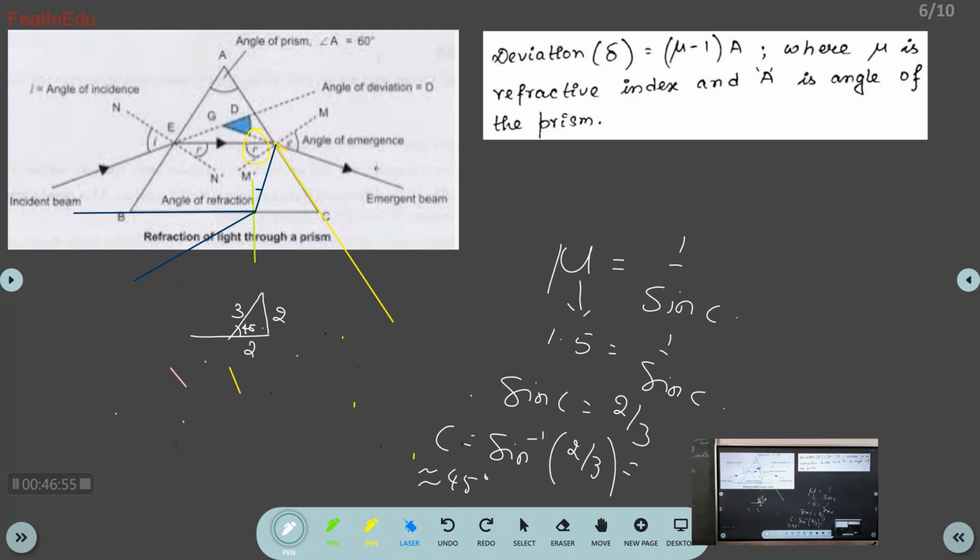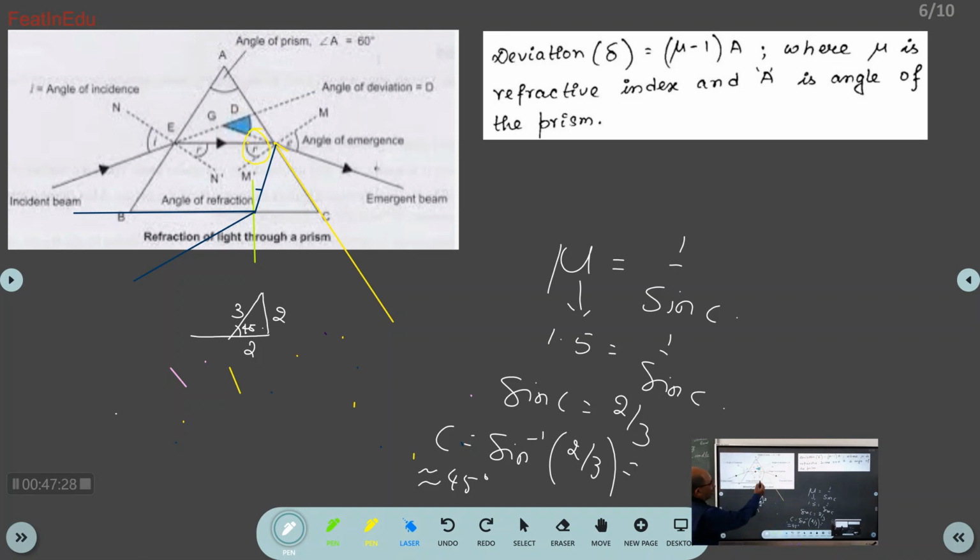So the angle of prism is also dependent on it? No, the angle of prism is made by you. I can make this prism of any angle, so A is something which I manufacture. Yes, it is important in all this process. For example, if the angle of prism was 80 instead of 60, the incident ray would refract differently.